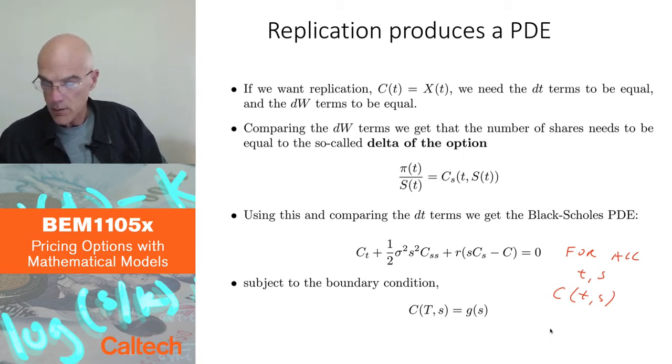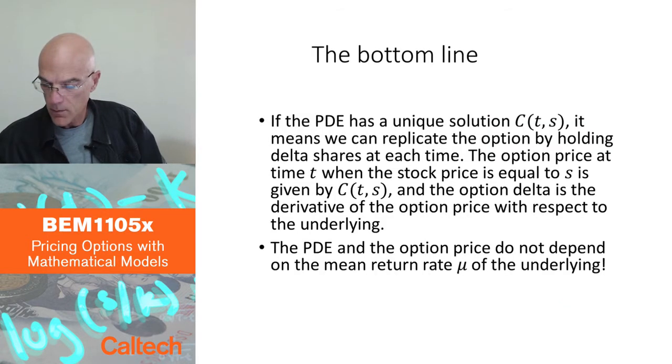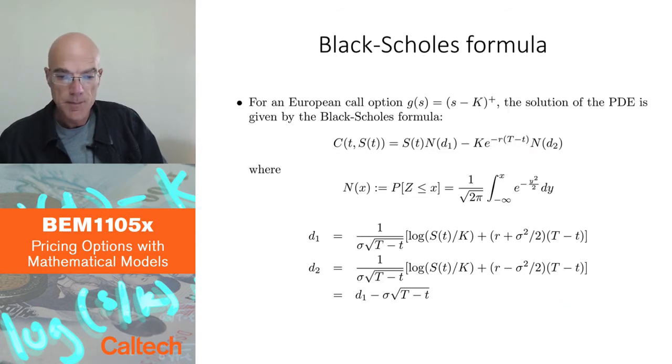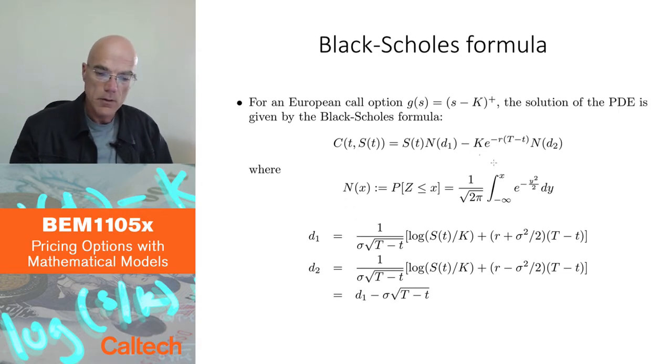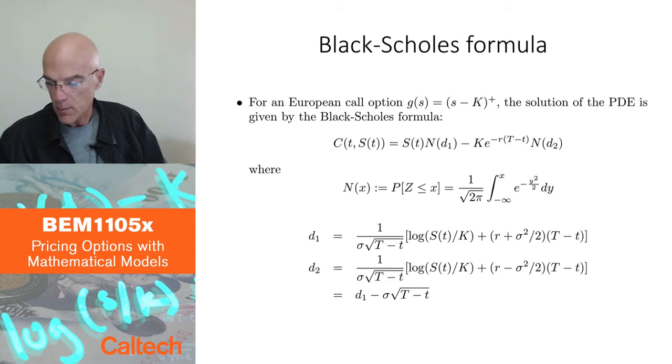All right, let's look at the Black-Scholes formula. I told you they came up with this partial differential equation, and then for the call option, the function is (s minus k) positive part, or the maximum of s minus k and 0.